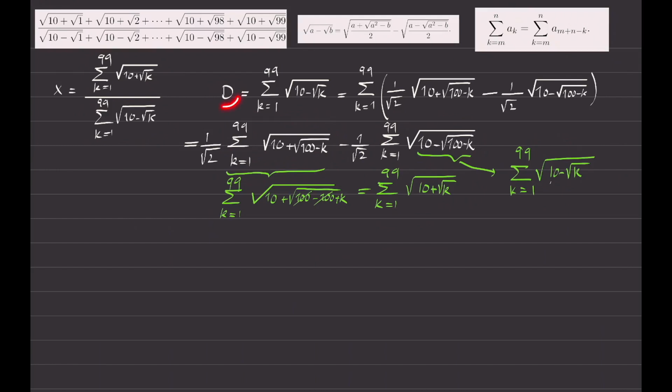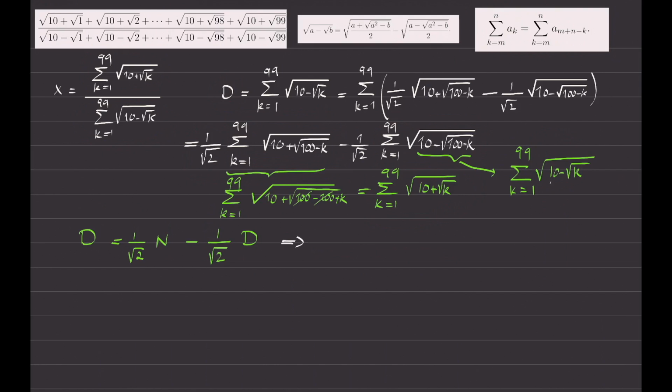So do you remember? I started calculating the denominator. So the denominator is equal to 1 over square root of 2 multiplied by the numerator, minus 1 over square root of 2 multiplied by the denominator again. And this is the golden rule here, so I hope that you can guess what I'm supposed to do.